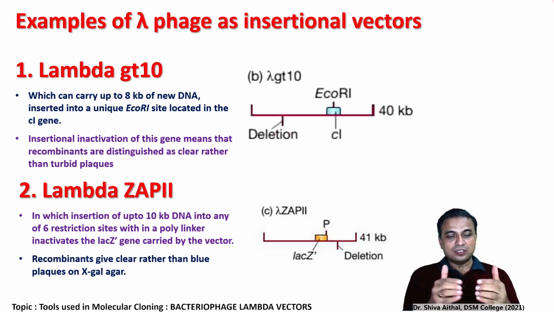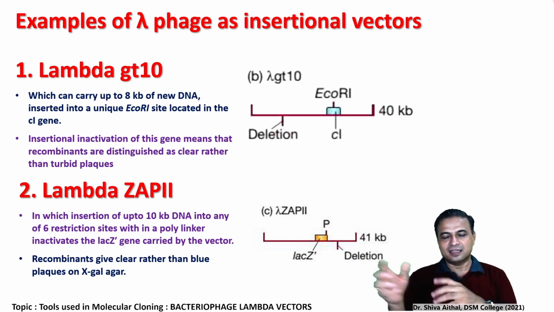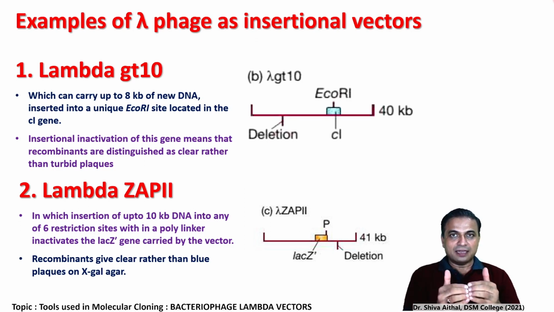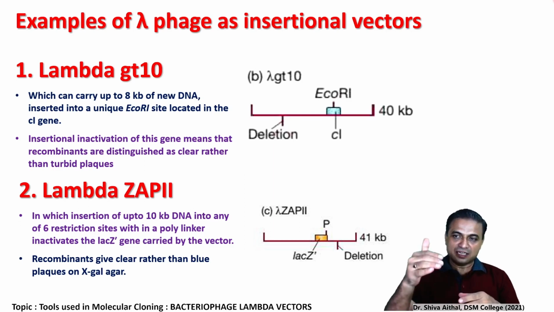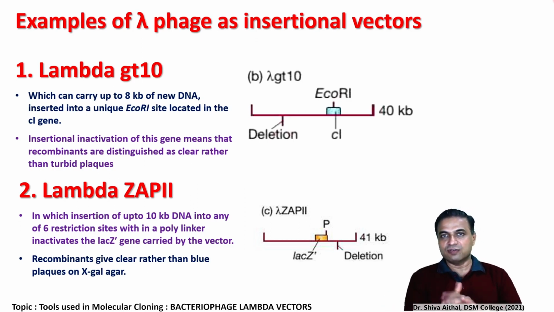Okay, so what happens if the lacZ gene is inactivated? It will give white or blue plaques rather than the clear or turbid plaques on the plate where you are growing it on a lawn of host, where E. coli is the host. So in the E. coli host, if there is no infection by the virus, that will give a different type of color, but if the host is infected with the virus carrying the lacZ gene, it will give a different color.